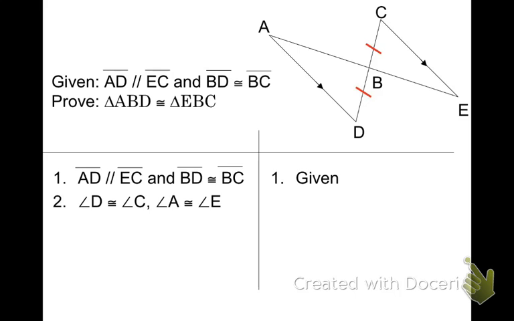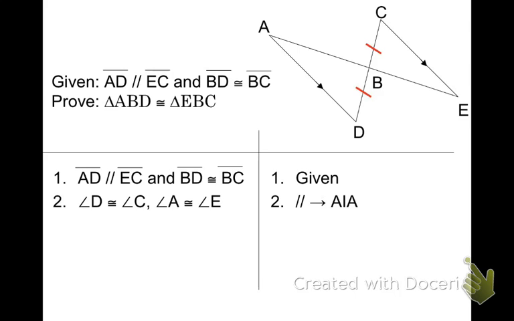Now here we go. This is the angle D is congruent to angle C. How do we know that? So angle D and angle C, those are congruent because here's your transversal that cuts the parallel lines. Here's one parallel line, here's the other, as best as I can draw them. And these two angles here are on either side of the transversal inside the parallel lines, which is exactly what we're looking for, alternate interior angles.